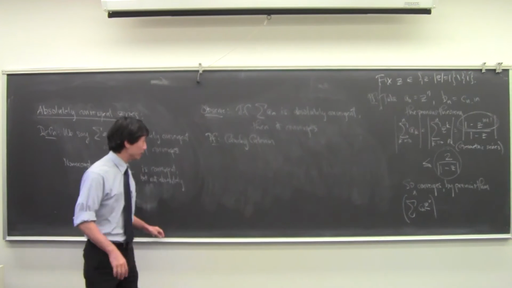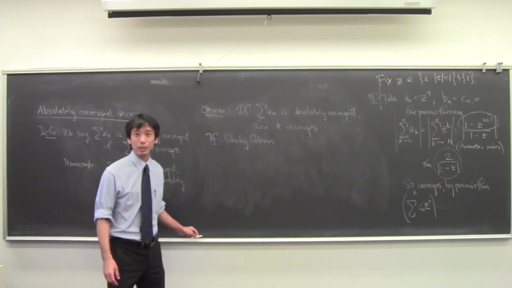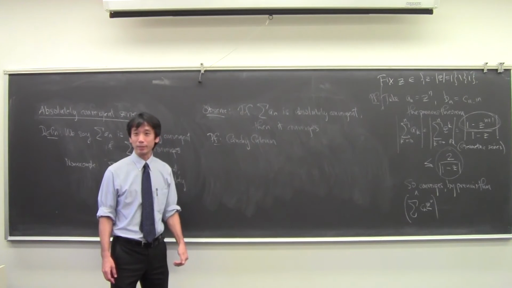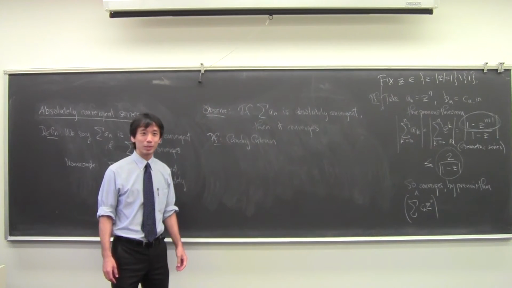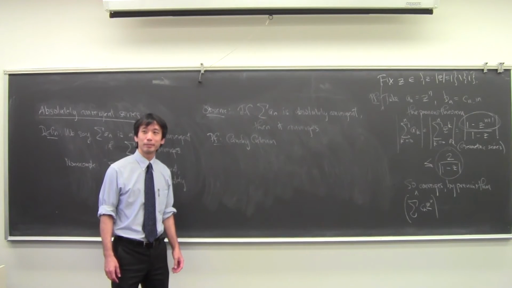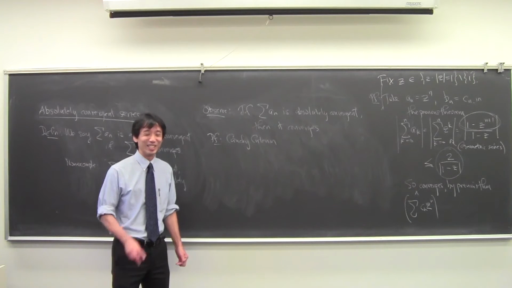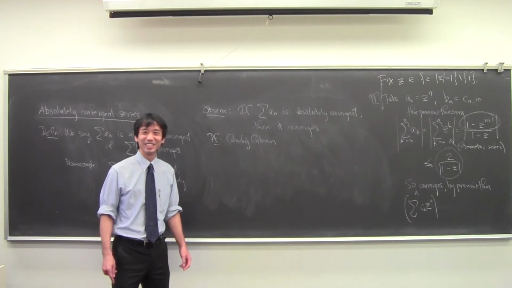Okay, would somebody like to tell me what the Cauchy Criterion says and why, if it converges absolutely, it's definitely going to converge? You just need to say 2 words. Two words. Cauchy Criterion? No, two more words.